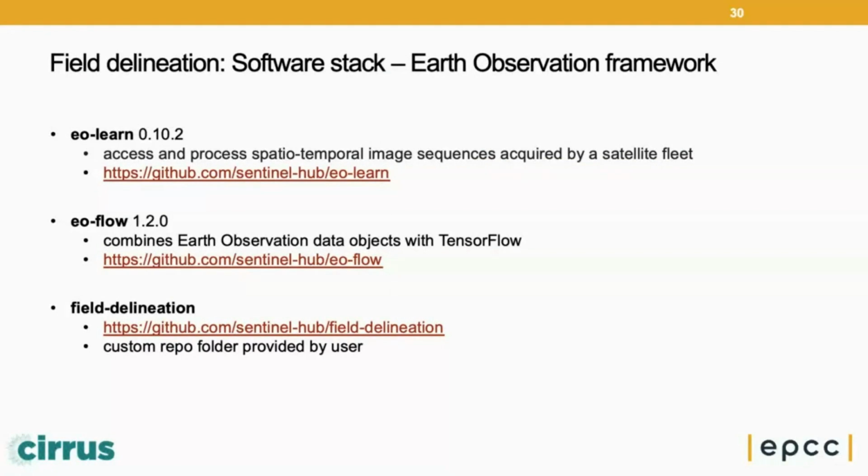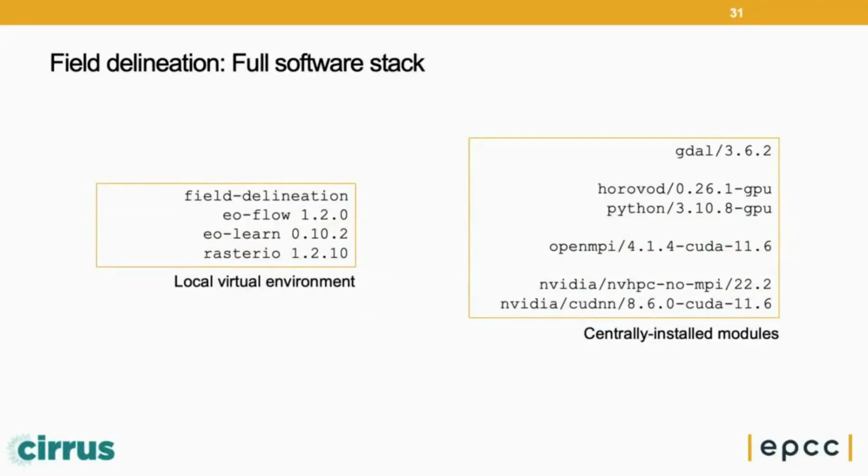These are specifically for interpreting satellite images and getting them into a form in which they can be fed into a neural network. Then there was a Git repo called field delineation, which had the scripts that the user was actually using. So that's just a summary of where we're at.